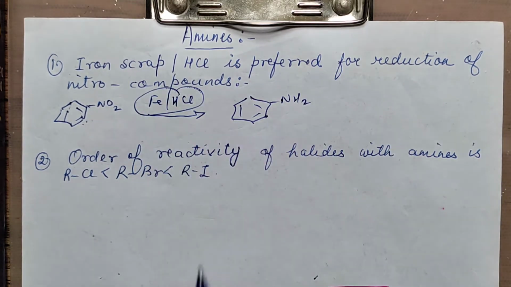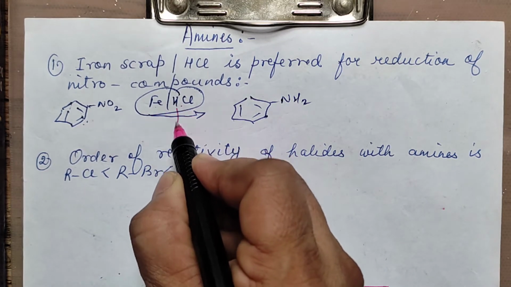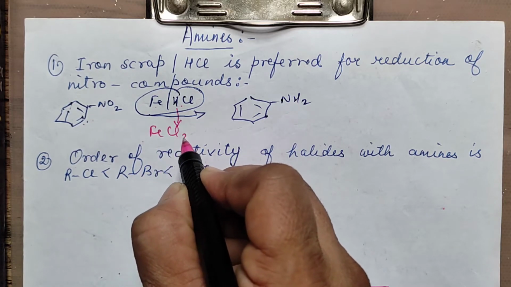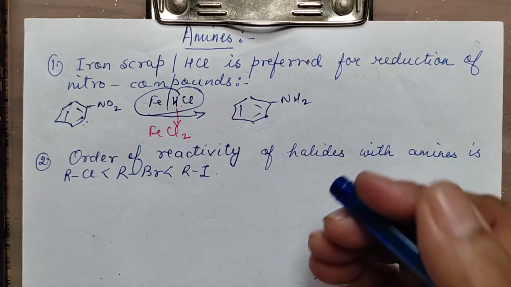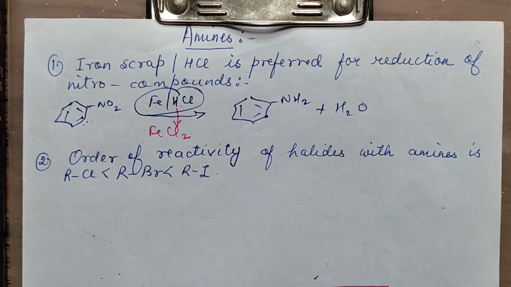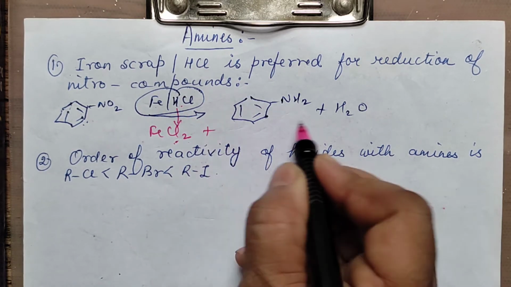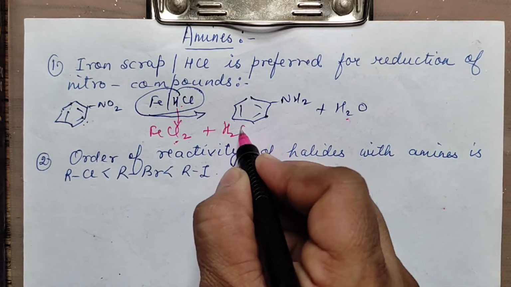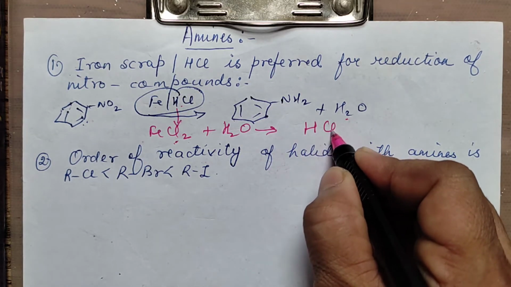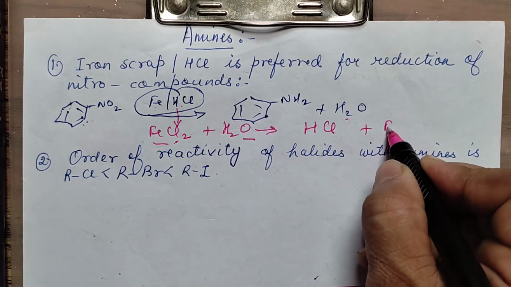Why do we prefer this? You will write down the answer as Fe and HCl react and result in the formation of FeCl2, and in this equation water is also formed. This FeCl2 gets hydrolyzed by this water readily, and it will result in the formation of HCl, plus iron and oxygen will form its oxide.